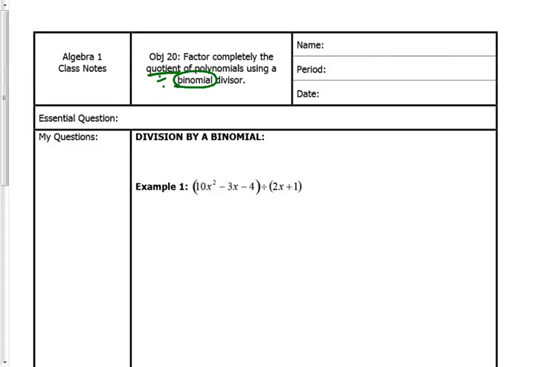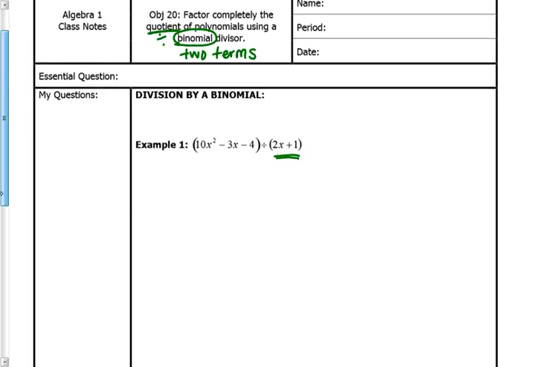So how many terms does a binomial have? A binomial should have two terms in it. So you want to make sure that when you're doing these problems, you identify that you do have a binomial in the divisor.